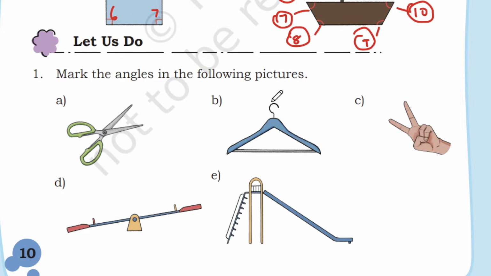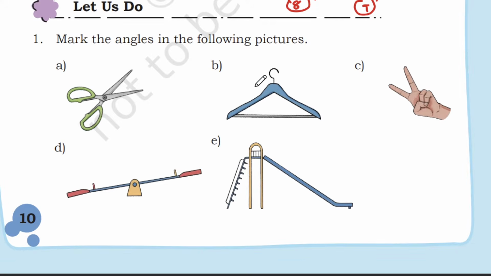Mark the angle in the following picture. So here we have a scissor, a dress hanger, and a finger showing a victory sign. In the scissor, we have an angle here. So we have one angle, and in the hanger we have 1, 2, 3.